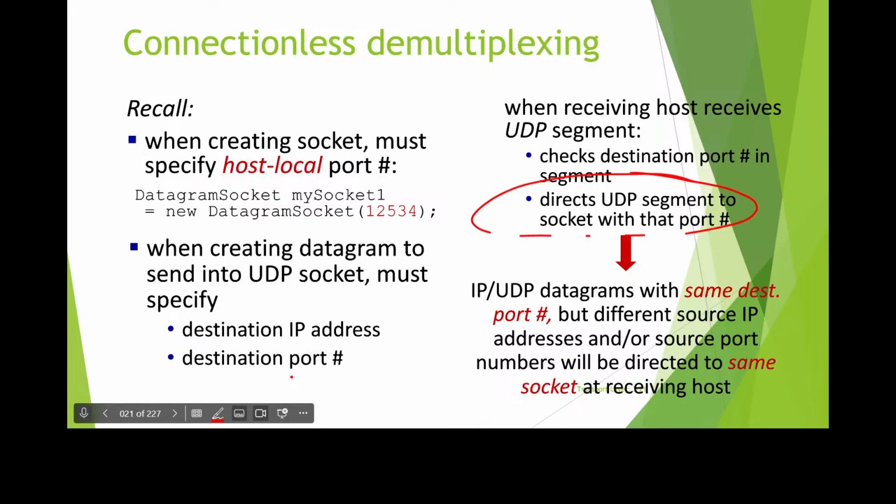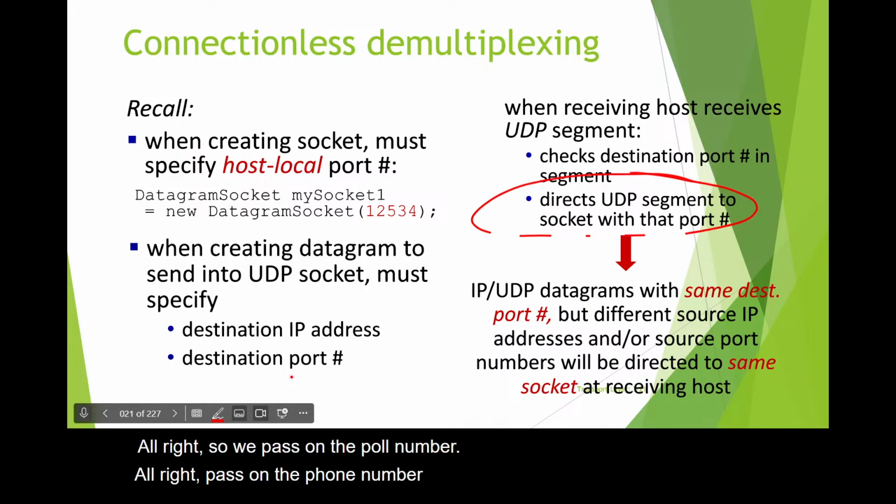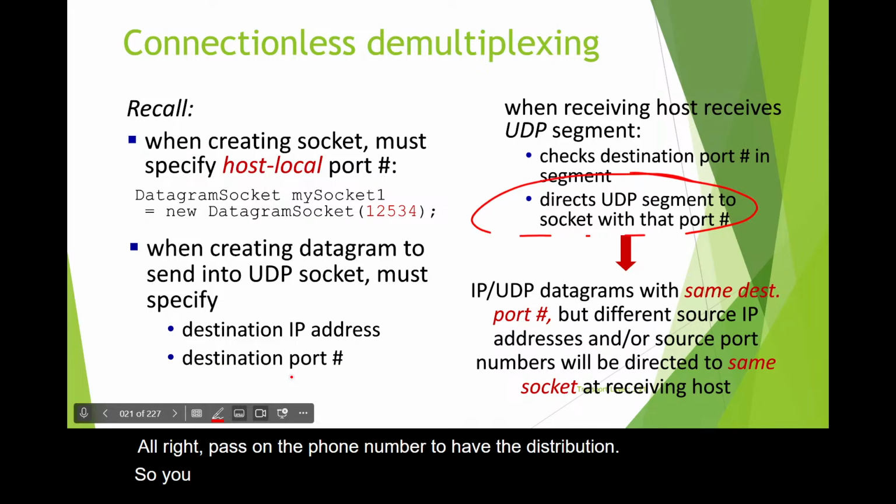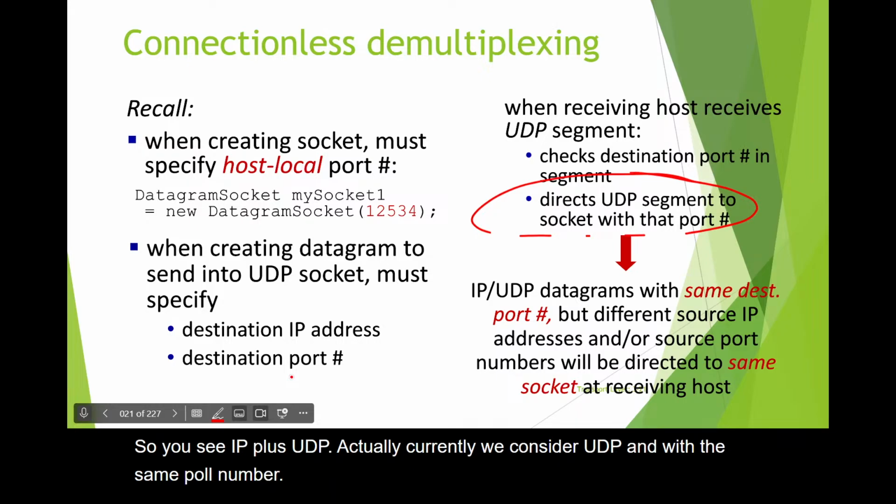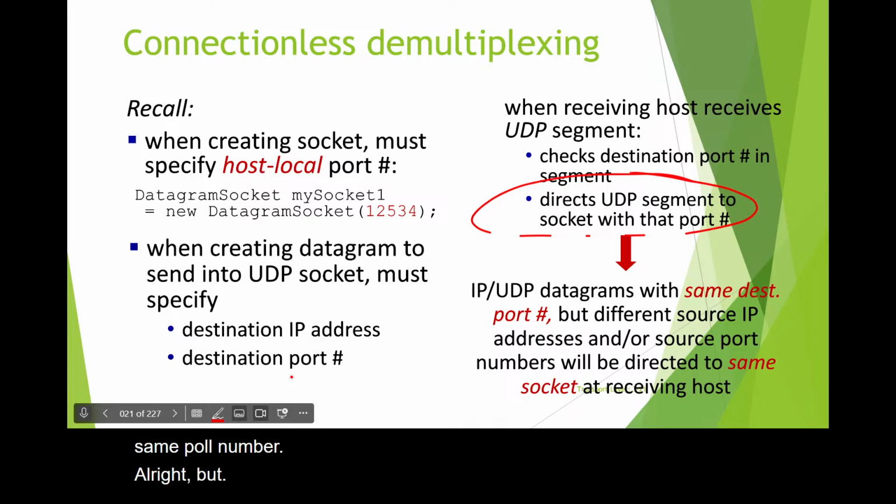All right, so we pass on the port number to have the distribution. Well, so you see, IP plus UDP, actually currently we consider UDP, and with the same port number. All right, but think about this.